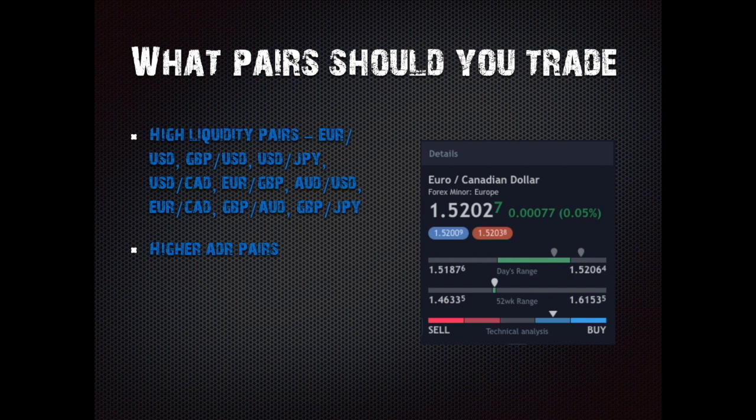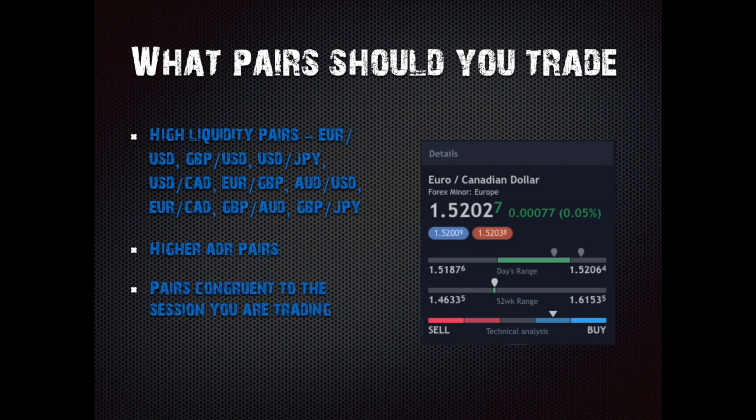If you use TradingView as your charting platform, when you pull up a chart, in the bottom right hand corner you'll see a little details icon, and this will tell you what the daily range is for that pair, so you know how big or how small the daily range is for that pair that day. It also tells you whether it's at the high of the daily range or at the low end, which could be very useful when you're looking for setups with the market maker method.